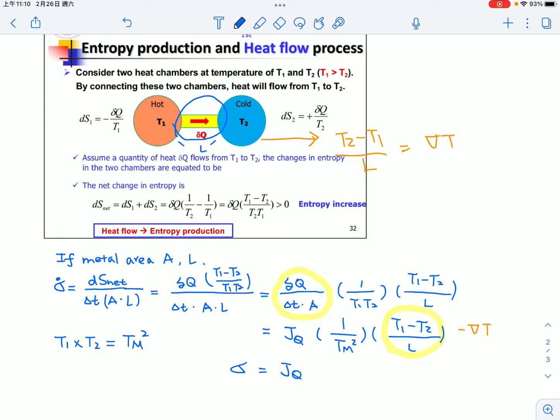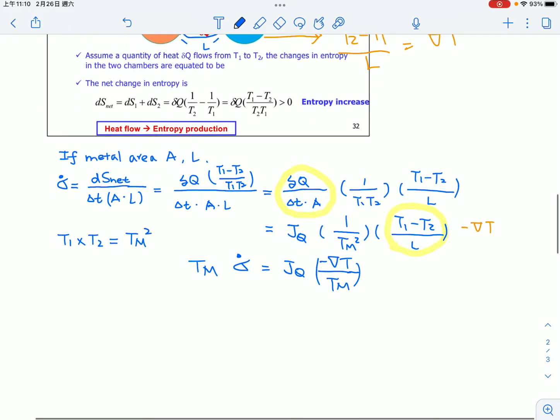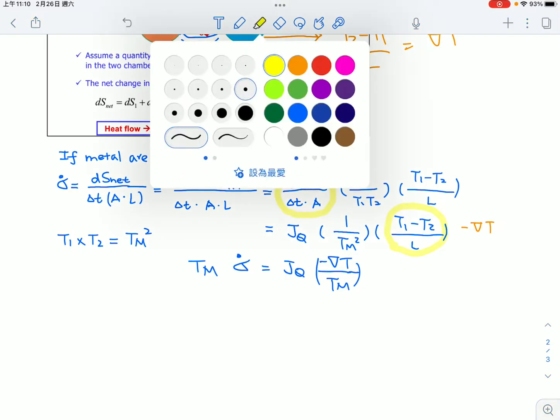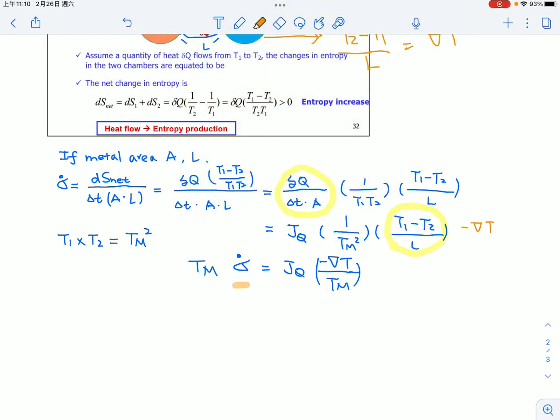And this is the entropy production rate. So I move one Tm here and leave one Tm here, minus temperature gradient. Okay, so we successfully got the equation. We just want to show you that the entropy production rate times the temperature term equals flux times the driving force. Just to remind you, the driving force in the heat flow process here is related to a temperature gradient, minus temperature gradient over Tm.